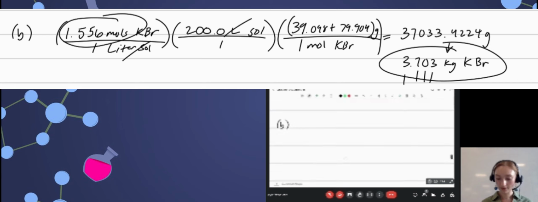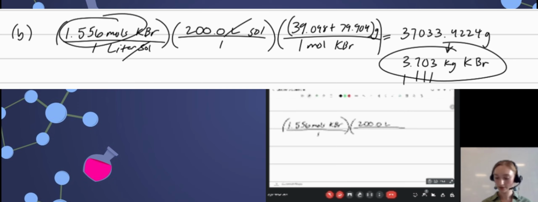So we have the molarity given of 1.556 moles of potassium bromide, and then we're going to multiply it for how many liters of solution that we have.